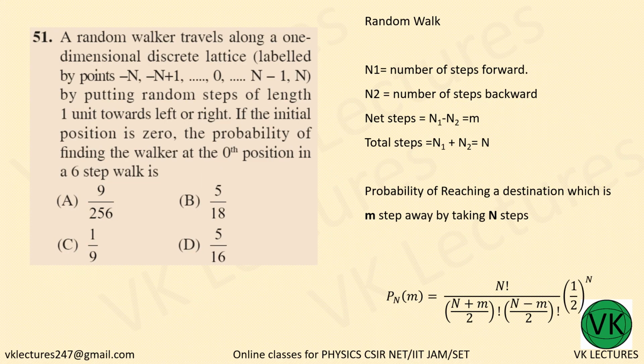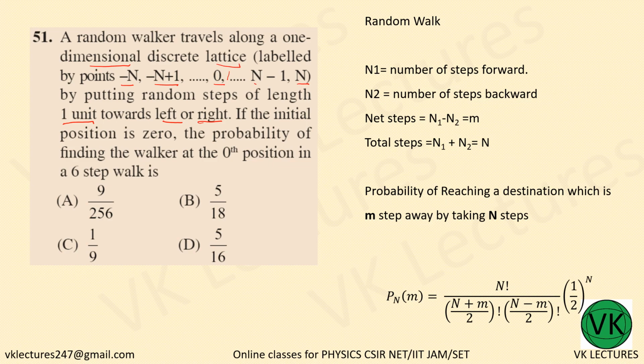A random walker travels along a one-dimensional discrete lattice, from minus n plus 1 up to 0 and again up to n, by taking random steps of length 1 unit. So from 0 to 1 it is 1 unit, towards left or right. So the random walker has two possibilities, either left or right, forward or backward.